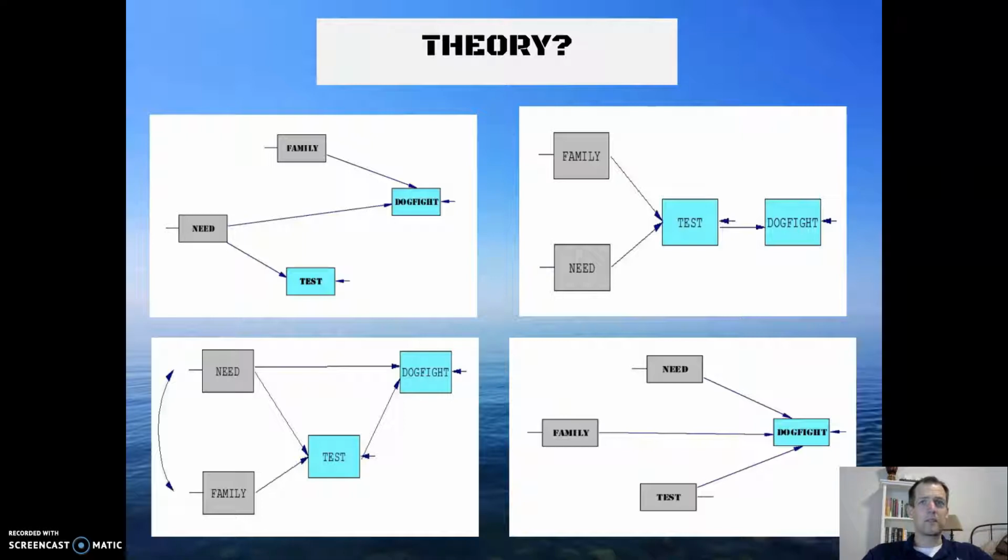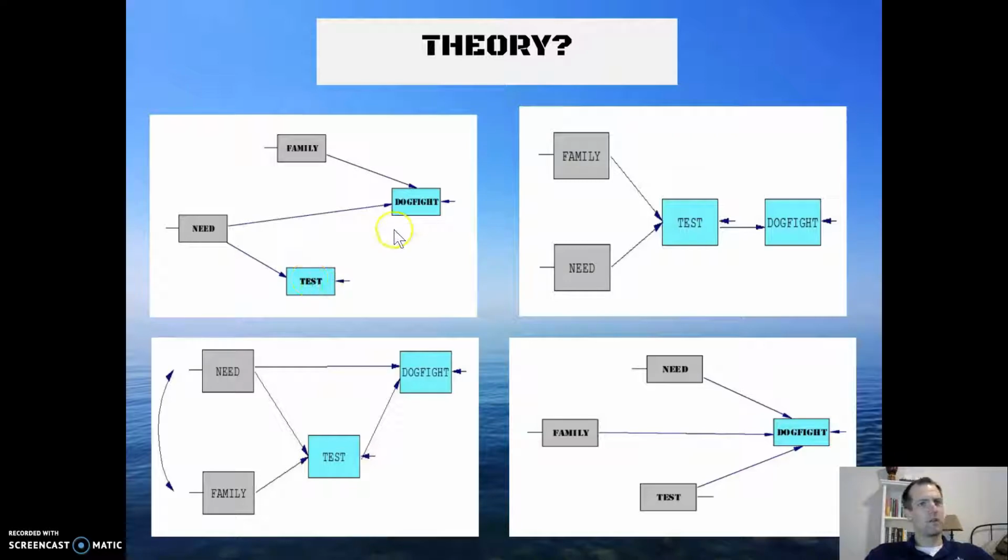So then you've got to have a theory. What do we think improves someone's dogfighting skills? There are all these possibilities, and you have to know something about the variables to find out which one of these makes the most sense. This one has need having an effect on the test and on dogfighting, which maybe makes sense.